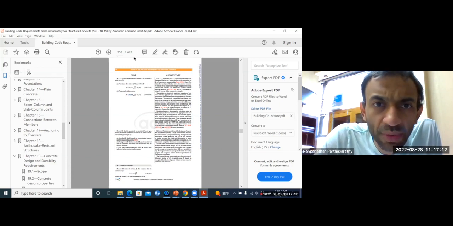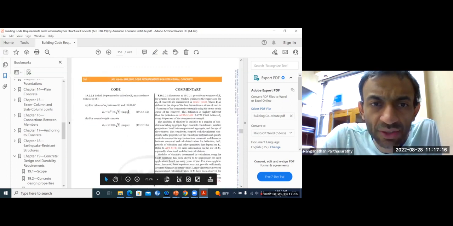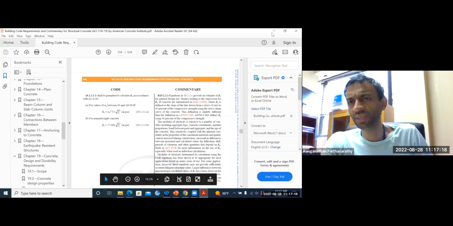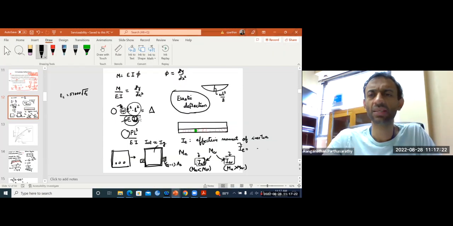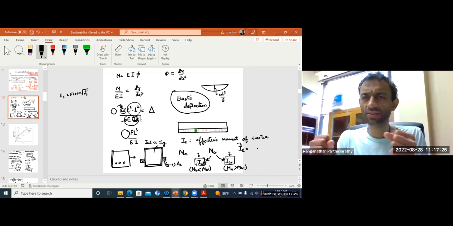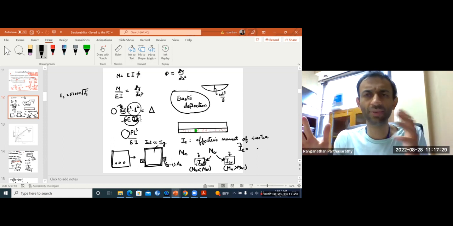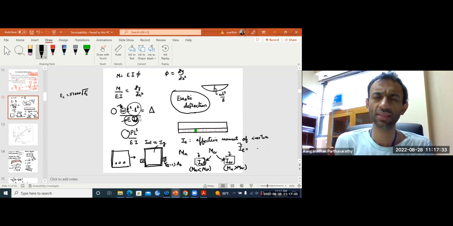So this is for normal weight concrete. For lightweight concrete, that is your formula. So that is fixed. What I'm saying is that the E value is fixed. What is changing is your loads, because when you're constructing the structure, you only have dead load, right? And then your live load is coming in and things are changing.